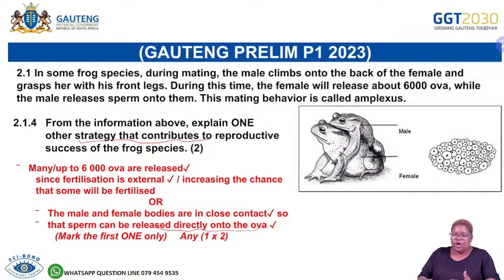So you've got many options. You either can talk to the ova that are released, the increasing chance of fertilization due to the number of ova laid there. Or you can say because the two bodies, the male and female bodies, are in close contact, the sperm can be released directly onto the ova. Then we are sure that fertilization will take place.